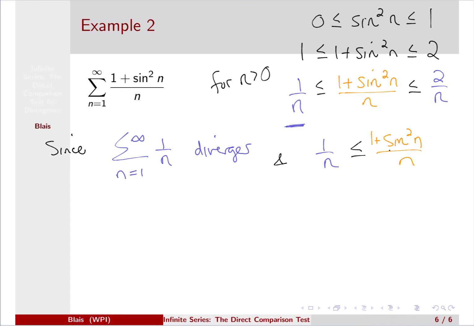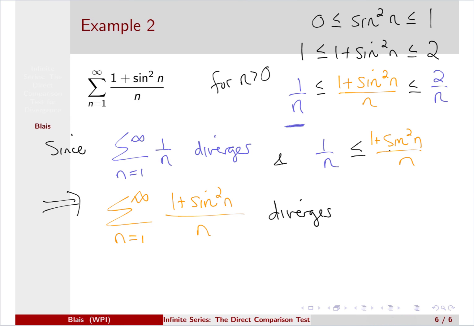Our series is bigger. Well, you can't be bigger than infinity, so you have to be infinity. So we have the sum from n equals 1 to infinity of 1 plus sine squared of n over n diverging by direct comparison.